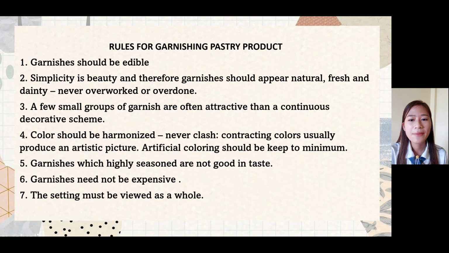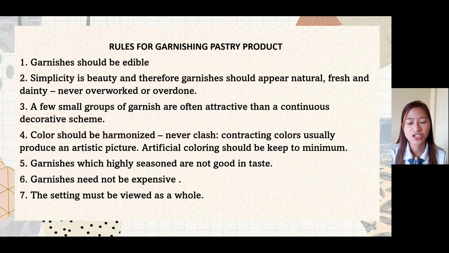Number two, simplicity is beauty, and therefore garnishes should appear natural, fresh, and dainty. Never overworked or overdone. The word dainty means good to our sight, clean. The garnish should be presentable, not over-garnished, which will result in poor feedback.